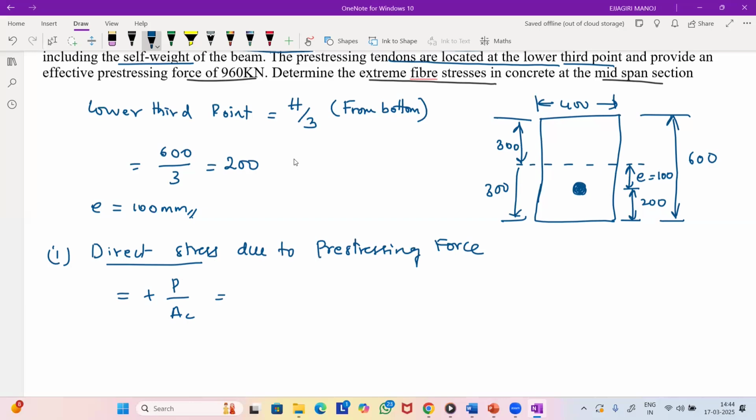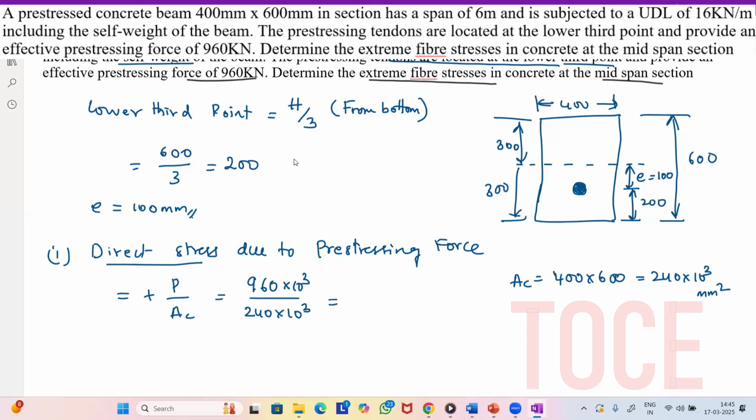So P, prestressing force, he has given in the question, it is 960 kilonewton, so 960 into 10 to the power of 3. And area of concrete, it is 400 into 600. So it is 240 into 10 to the power of 3 mm square. Okay. So it will be plus 4 Newton per mm square.